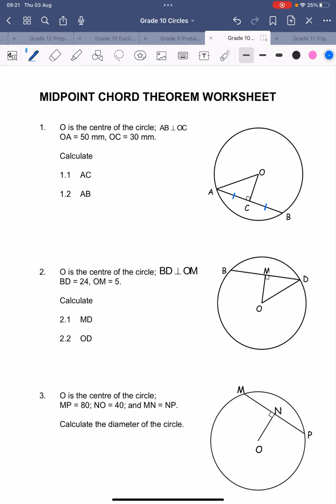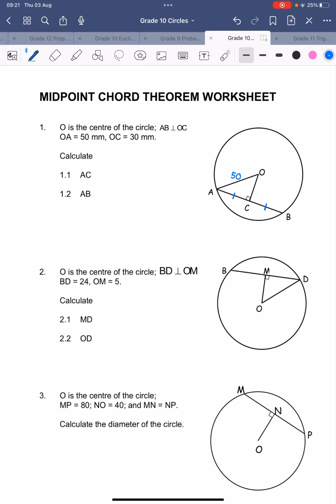All right, let's see, what else did they tell us? OA is 50 millimeters, so let's fill that in. OA is 50. Now guys, what type of line is OA? It's a hypotenuse of the triangle, yes, but in terms of the circle, it's a radius, right? So if we have to draw in a radius at any other place on the circle, then it would also be 50.